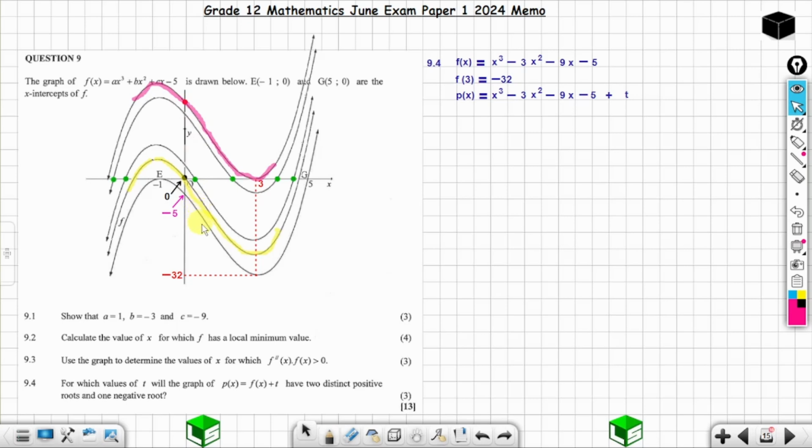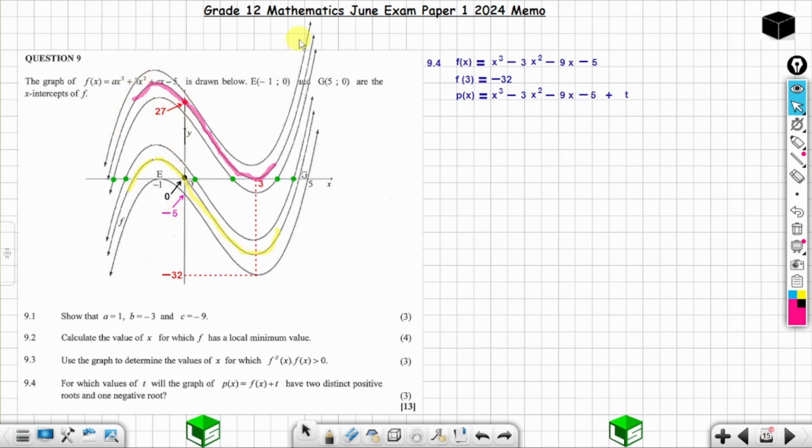So can you see, from negative 32, now this point is at 0. For the y-intercept, from negative 5, you are going to shift by 32 upward. Negative 5 plus 32, you are going to have 27.